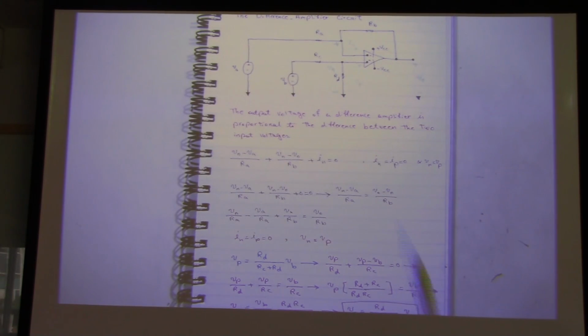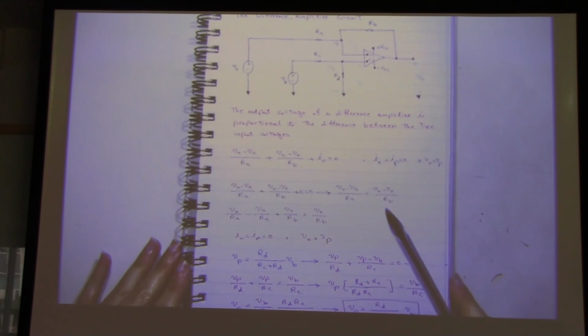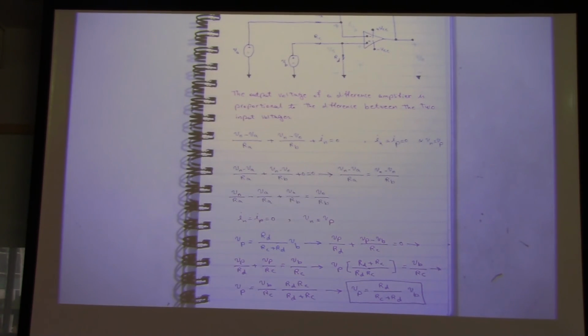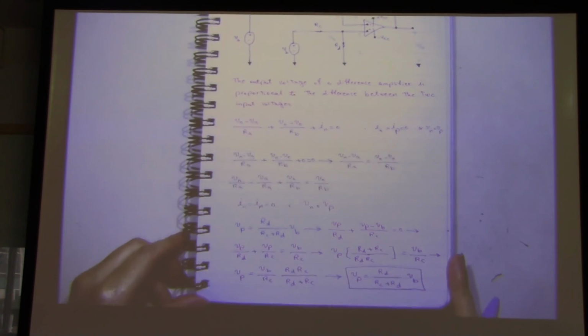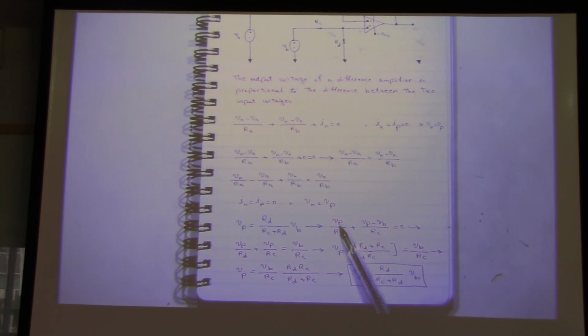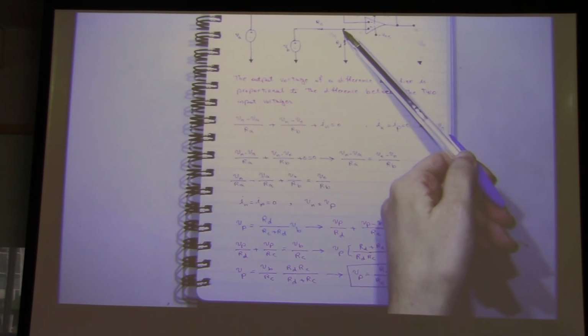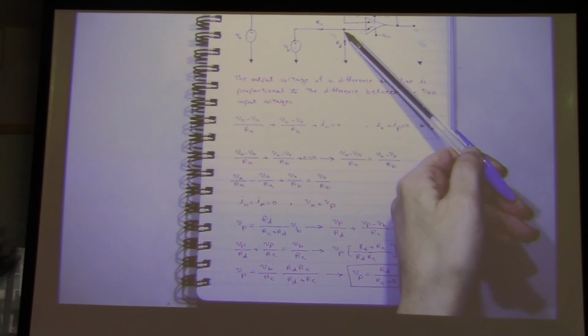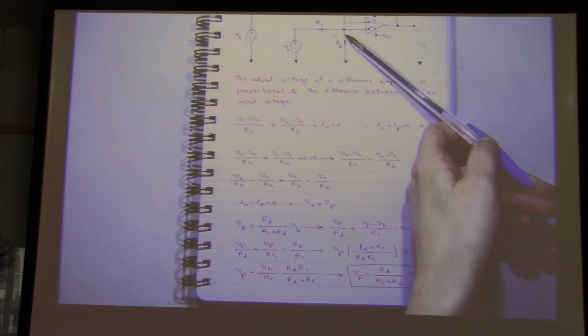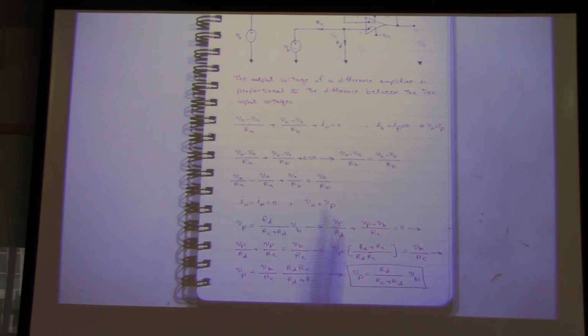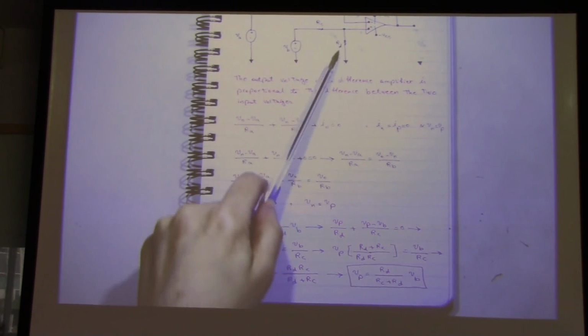And again here, use voltage divider to find Vp. Again, for students who don't like to use voltage divider or don't know how to use voltage divider, I put these equations over here. So here is Vp. Write the node voltage for this node. So this is Vp minus 0 over Rd.